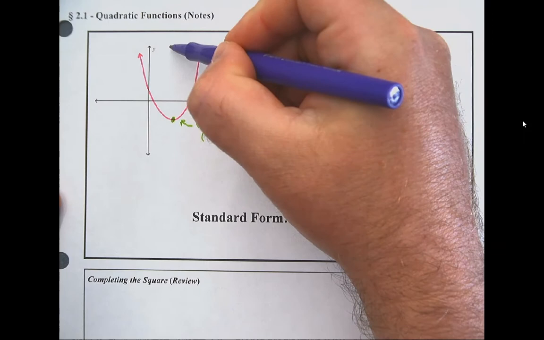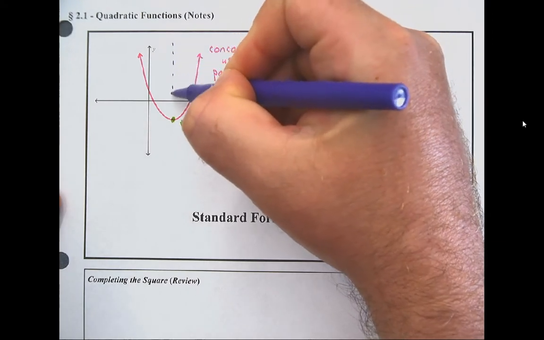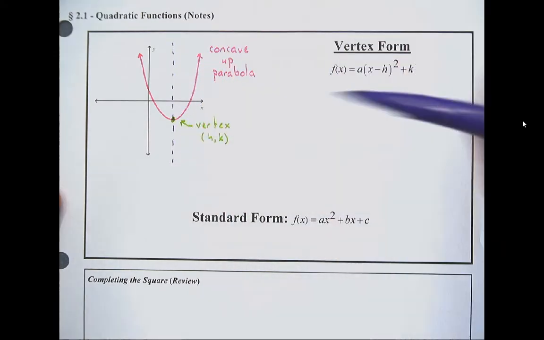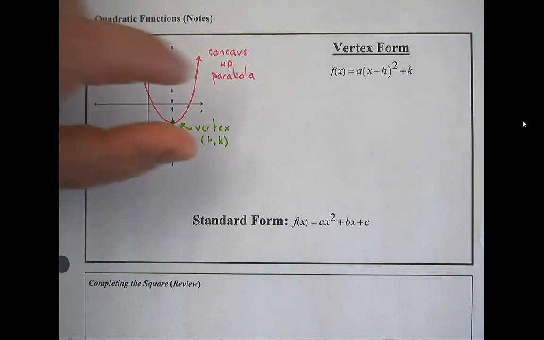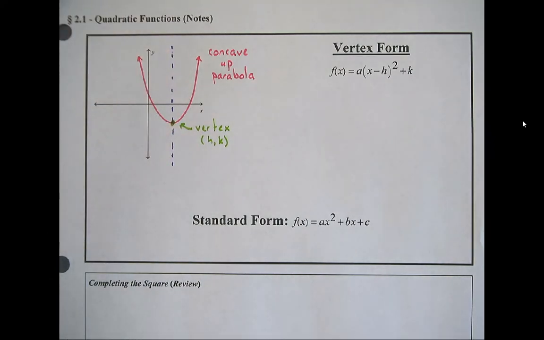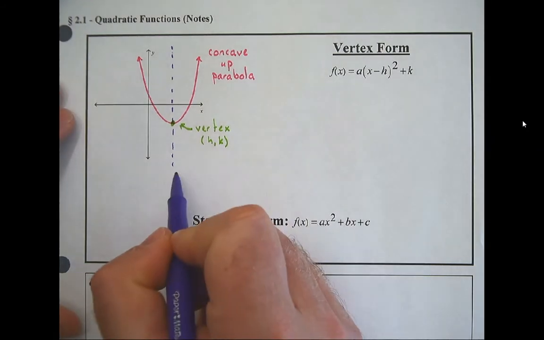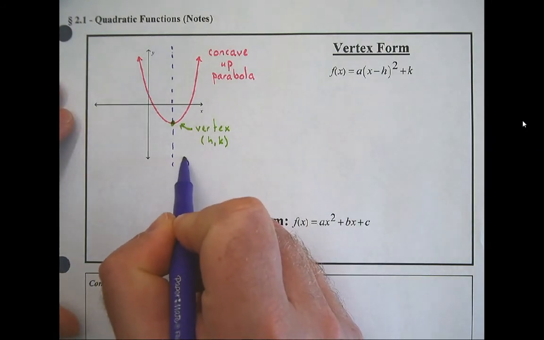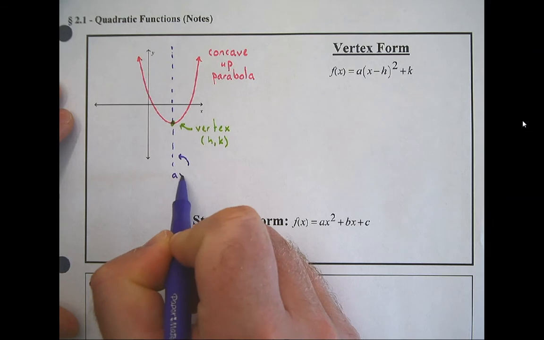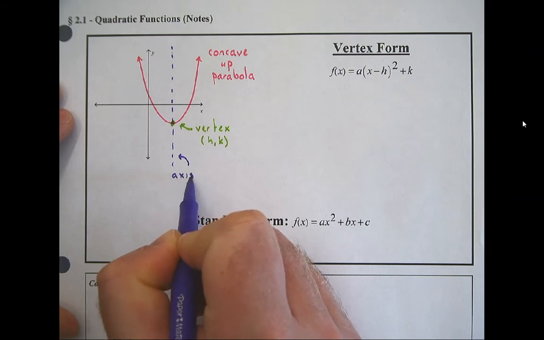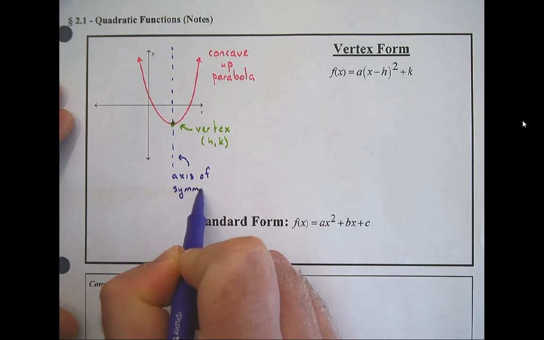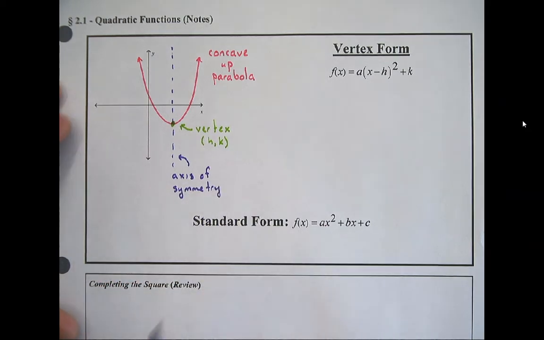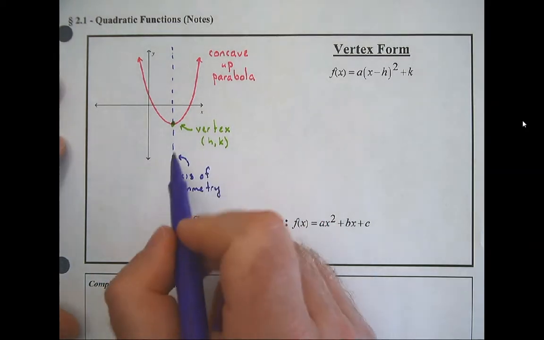It's this line here. If you look on either side of that line, what do we call it when a graph reflects or looks the same from left to right? We call that symmetry. So this is what we call the axis of symmetry. And the axis of symmetry is an equation.